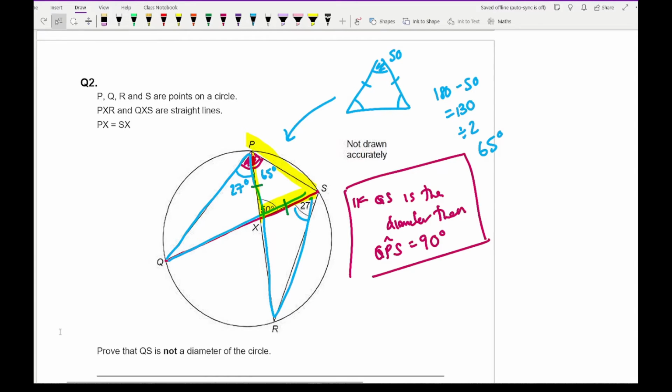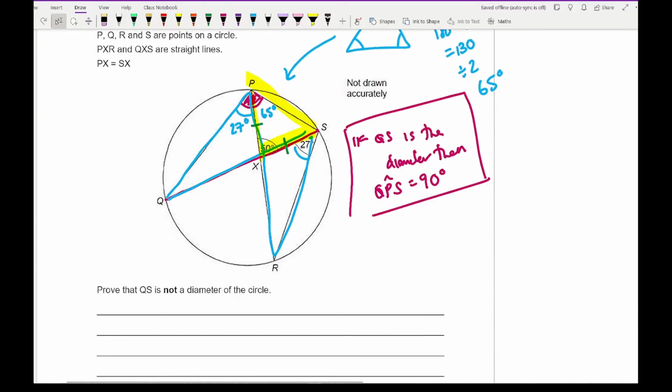Now from that, what I can then do is add up the two angles. So here the angle of QPS is equal to 27 plus 65, which gives me an answer of 92 degrees.